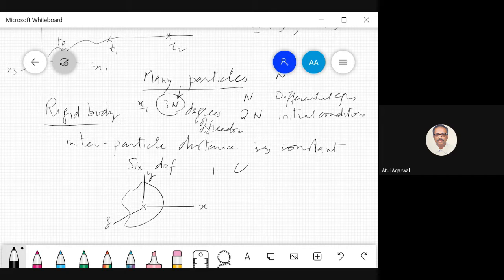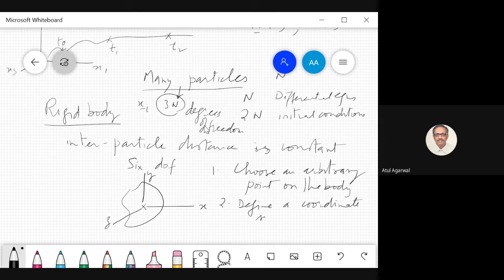So choose an arbitrary point, define a coordinate system, and embed it with the body. This is known as the body coordinate system.